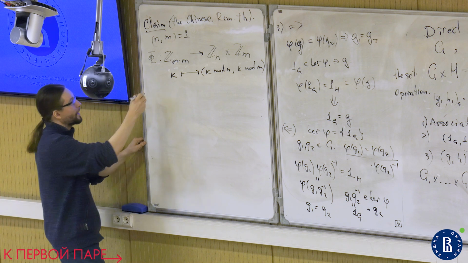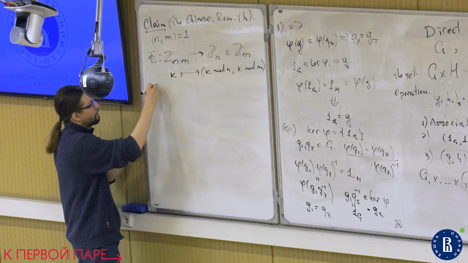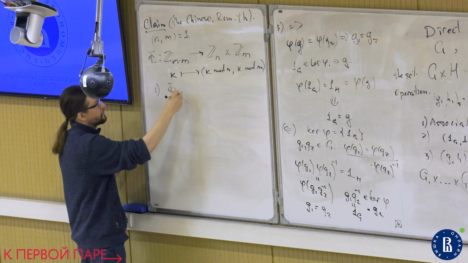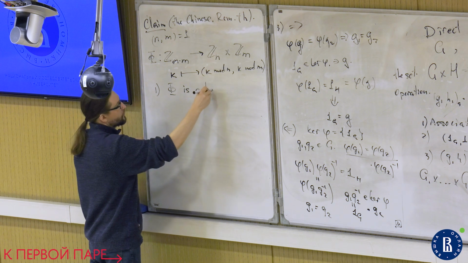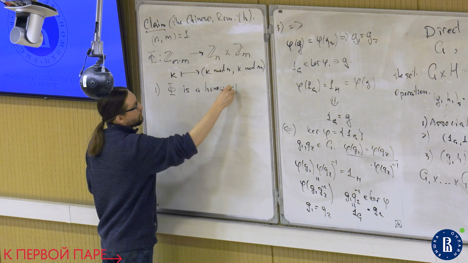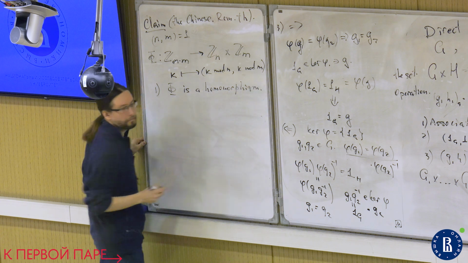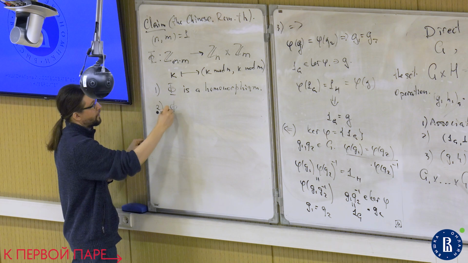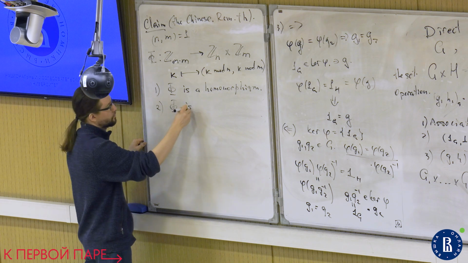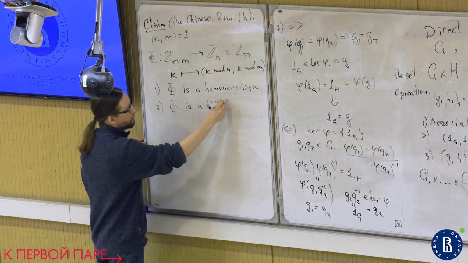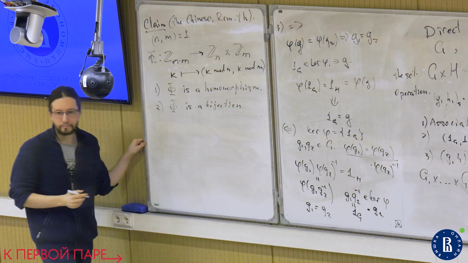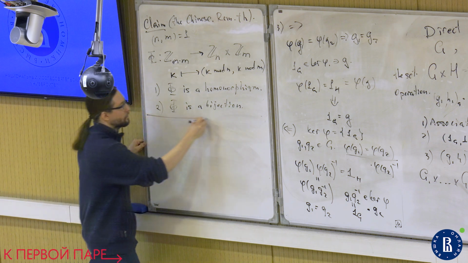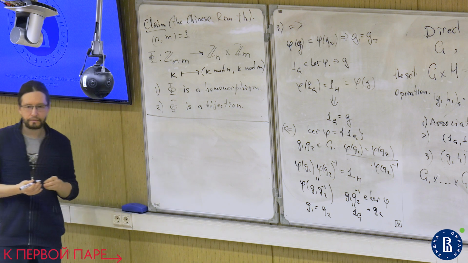Now, the claim says that, first, Phi is a homomorphism. And part number two, Phi is a bijection. So this is the Chinese remainder theorem.